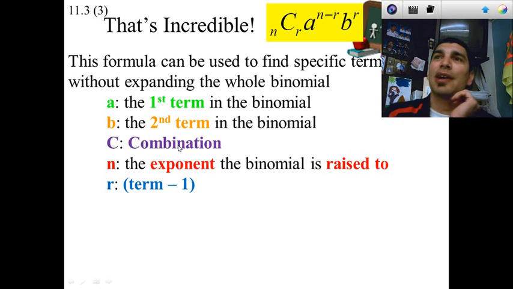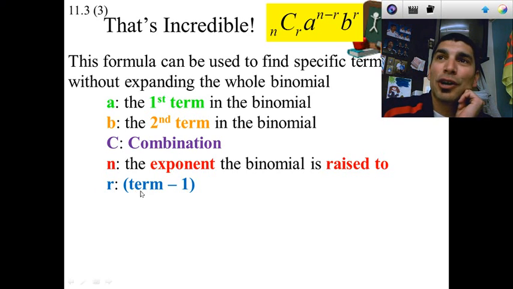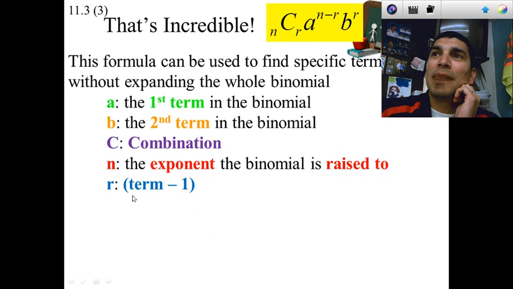And the only other thing you're going to have to memorize is this. R is the term minus 1. Because we start with 0, R is the term minus 1. This is the one you need to write on your whiteboards right now because you will forget otherwise. R is the term minus 1. Write it down 2-3 times, please. R is equal to the term minus 1.